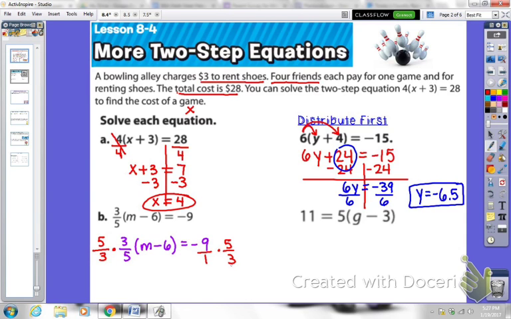So 5/3 times 3/5 is just 1. So you just have m minus 6. And on the other side, we know that 3 divides into negative 9 negative 3 times. So negative 3 times 5 is negative 15. I need to add 6 to undo subtracting 6. So m is equal to negative 9.